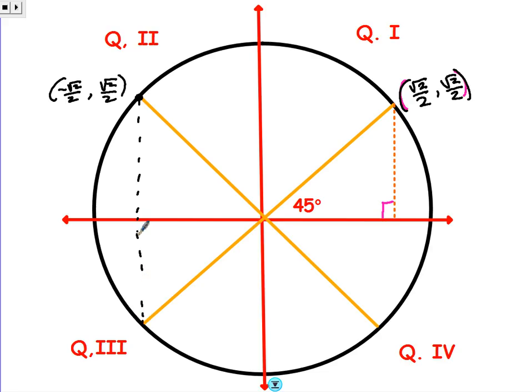Both are negative. So this point would be negative root 2 over 2, negative root 2 over 2. And this point, what would that be? Positive, negative. So positive root 2 over 2, negative root 2 over 2.